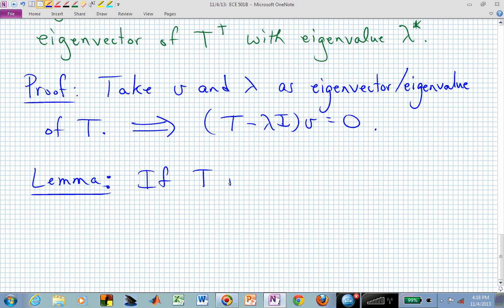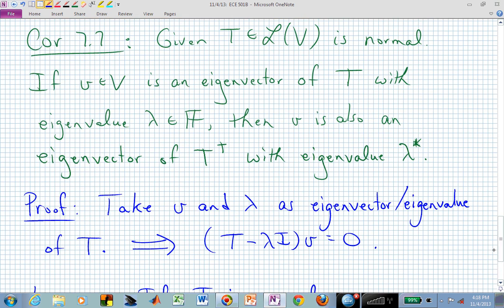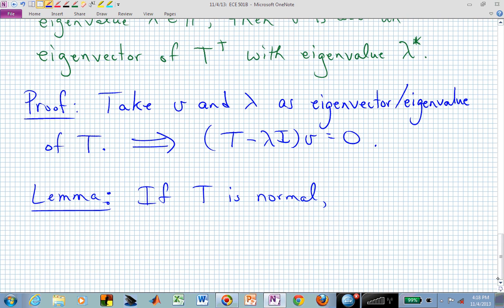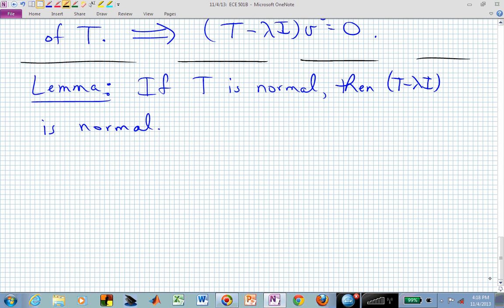If T is normal, and that's given in the first statement of our corollary anyway, so we're just being consistent, then T minus lambda I is normal. So this lemma is an aside that will help us.